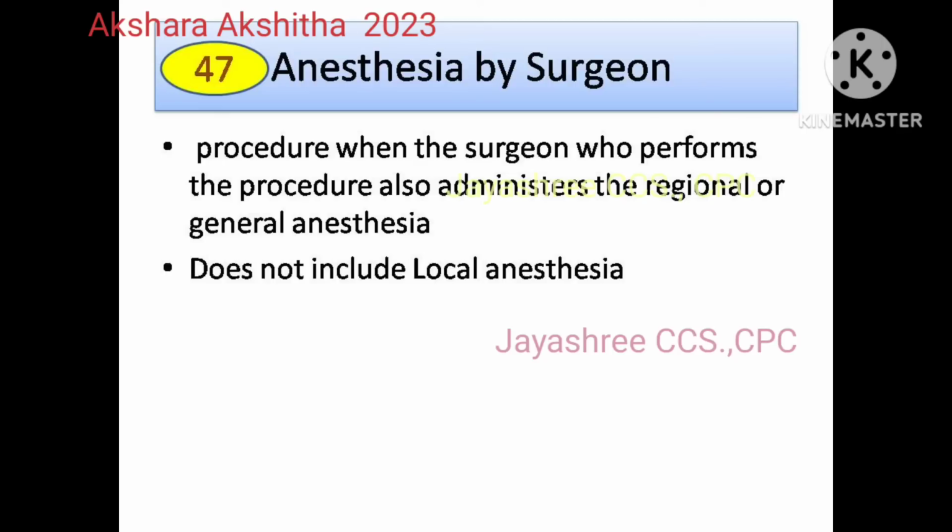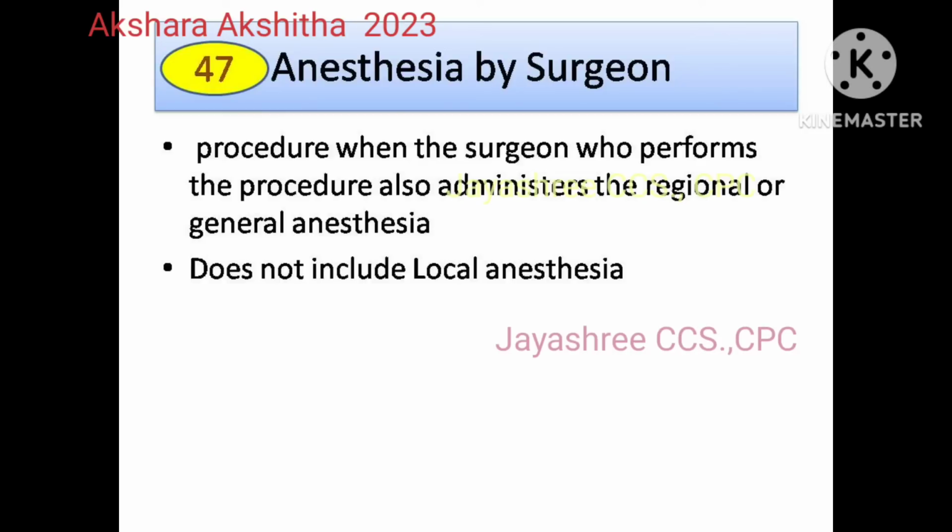So that means the anesthesia type should be regional anesthesia or general anesthesia. If our surgeon is giving local anesthesia, we should not consider appending this modifier. So we need to look for either regional anesthesia or general anesthesia.